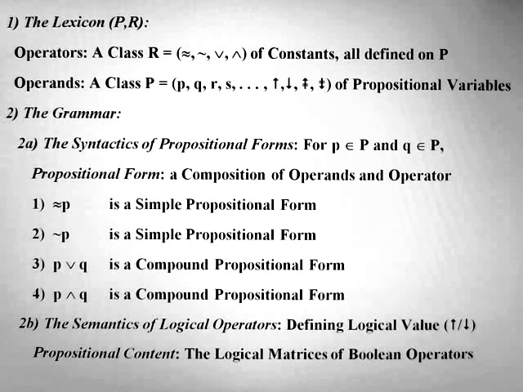Moving on then to the meaning or the semantics, basically what we do is we define the logical value in terms of either true, the up arrow, or false, to produce the propositional content. And these will be explained or displayed in terms of what we call the logical matrices of Boolean operators.